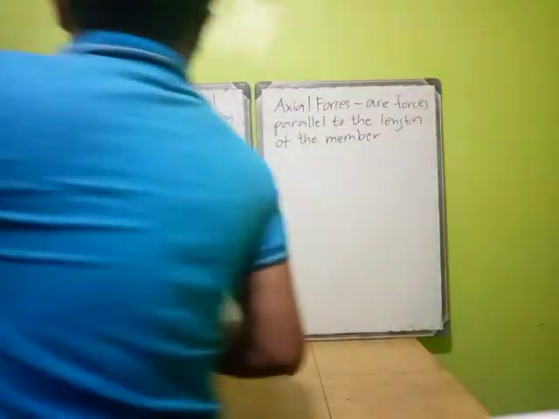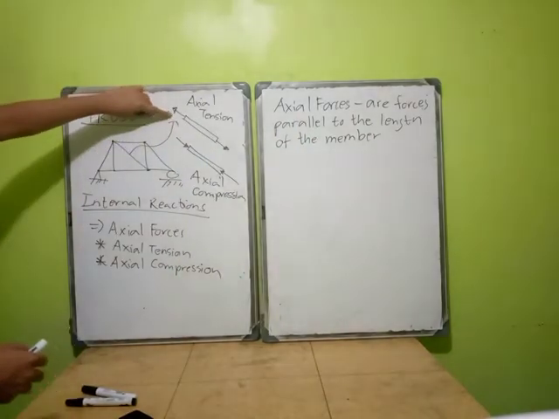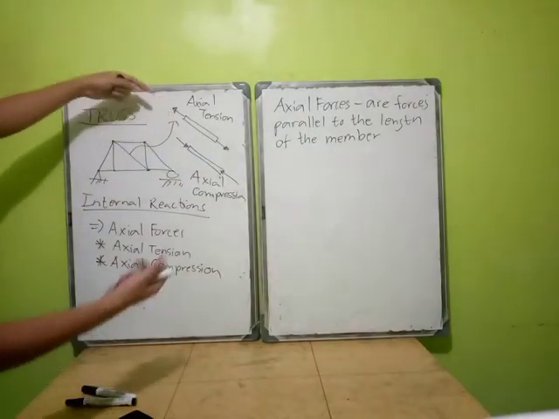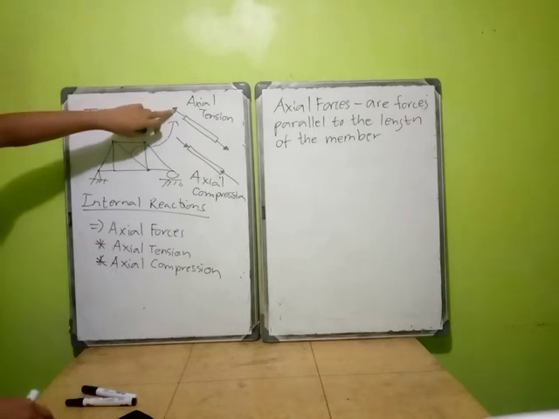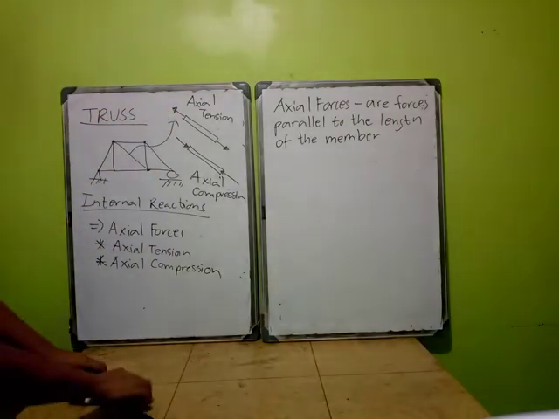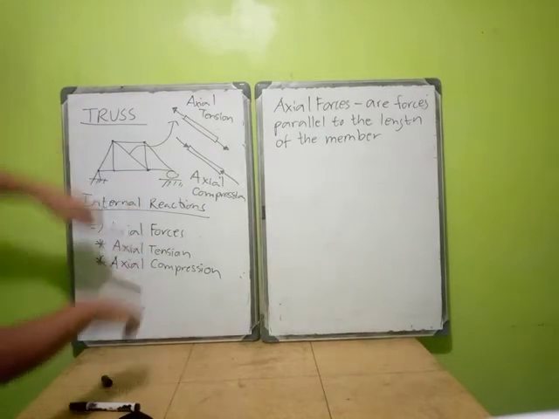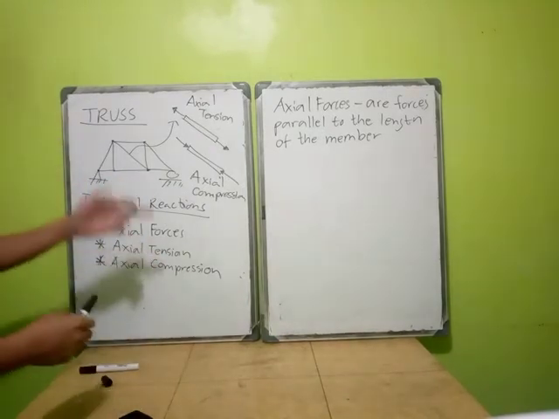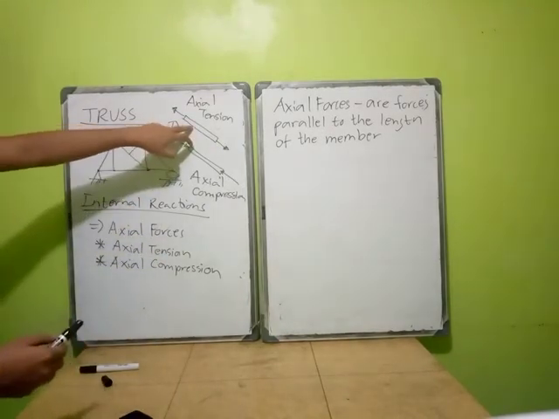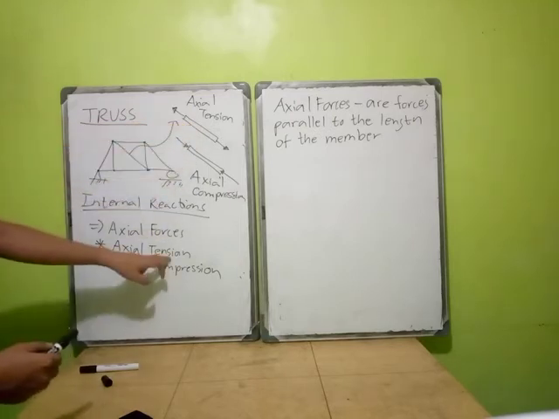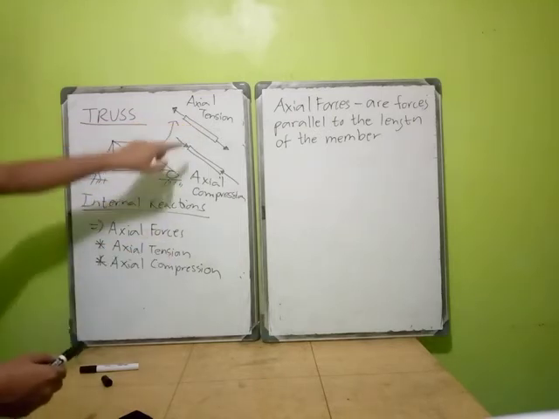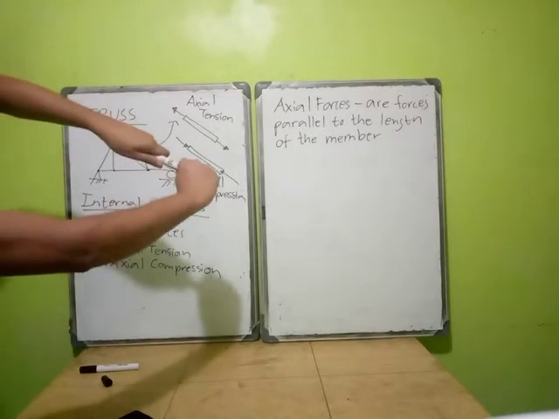So, kapag yung axial force is ganito, axial tension siya. Kapag tension kasi parang hinihila siya. Okay? Parang nililengthen siya. Axial tension tends to extend the length. Parang hinihila siya na parang ganito.